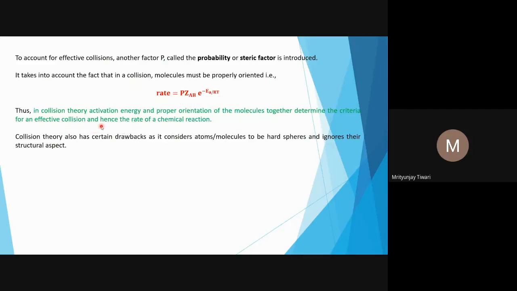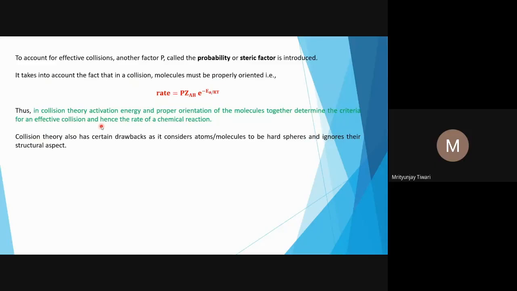Thus, in collision theory, activation energy and proper orientation of the molecules together determine the criteria for an effective collision and hence the rate of chemical reaction. So in the collision theory, not only the activation energy but proper orientation is also important for a reaction to happen, and this was not there in the Arrhenius equation.